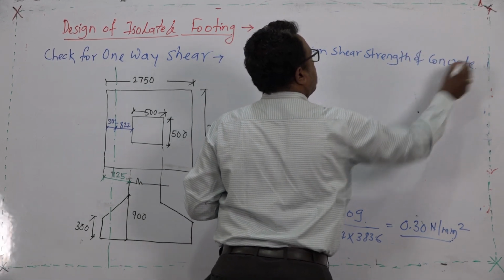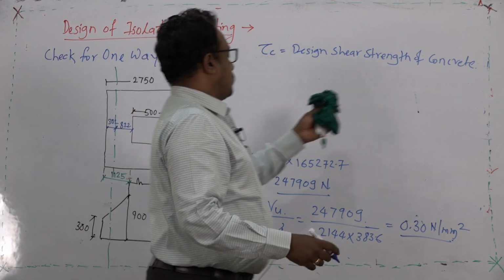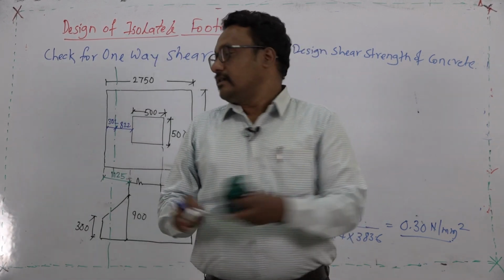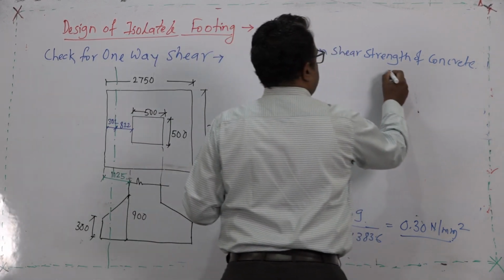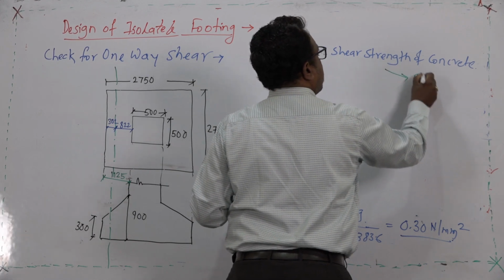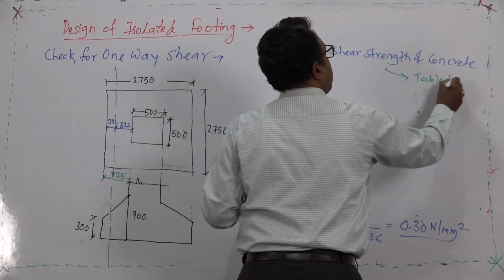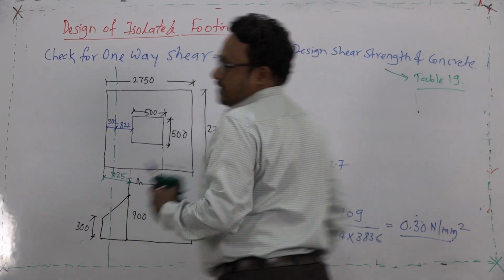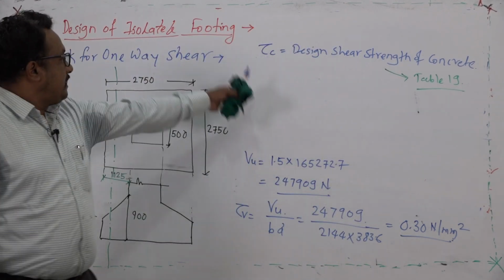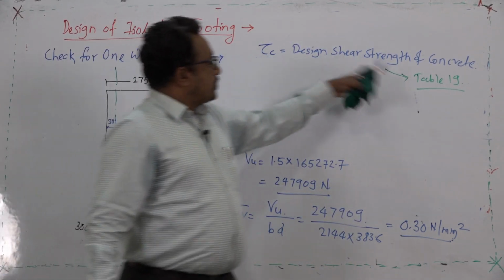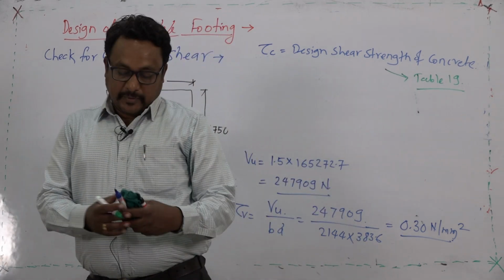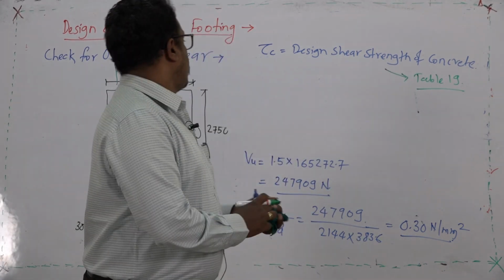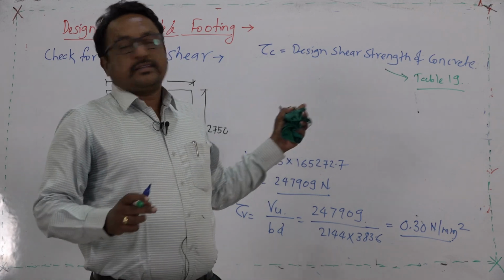And in IS 456 to compute this design shear strength, we have to use table number 19. Yesterday we used table number 20, here we are going to use table number 19.